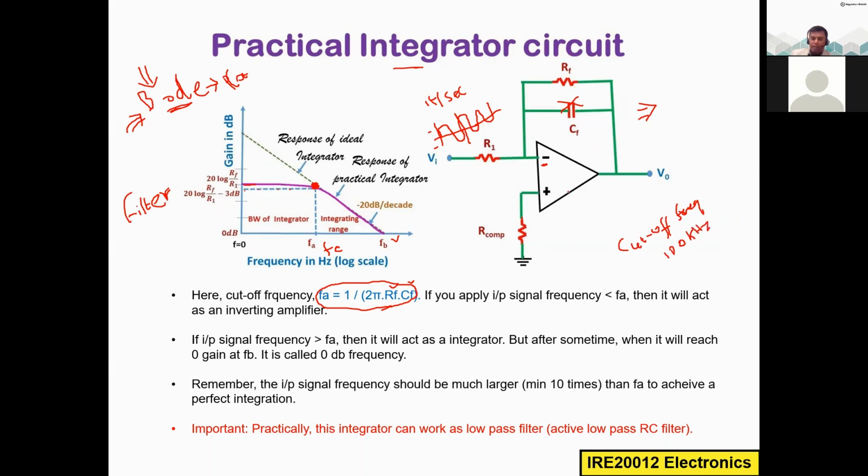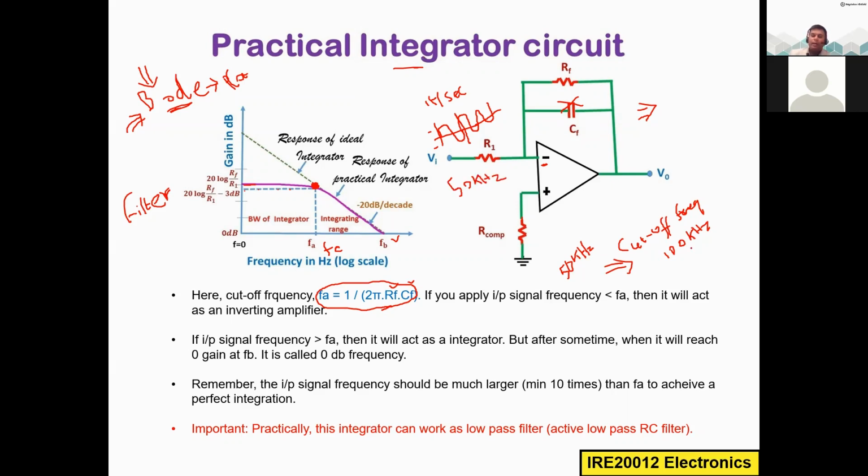I am using this circuit as an integrator. Let us assume I am applying the input signal with 50 kilohertz. I am the circuit designer, so I am applying this 50 kilohertz as an input. Can I expect this circuit to work as an integrator?